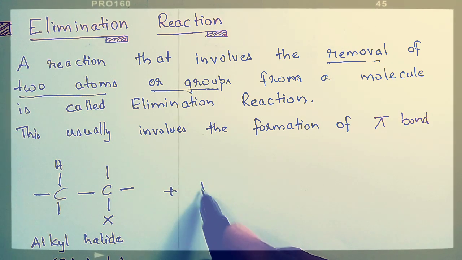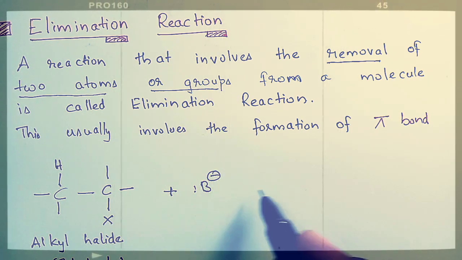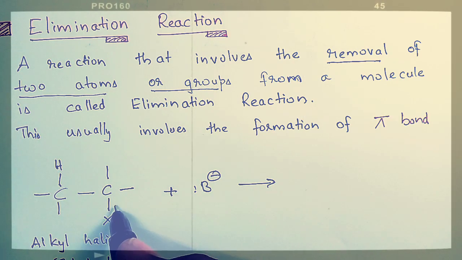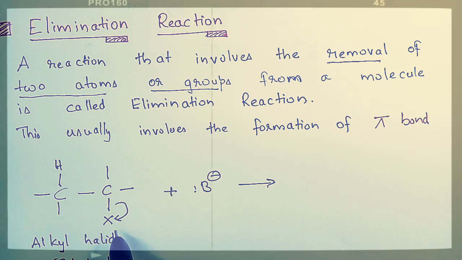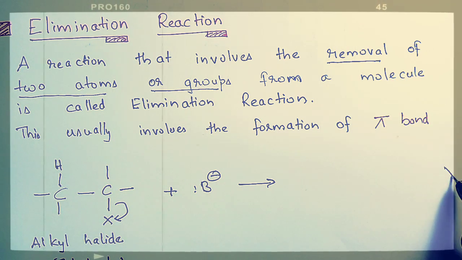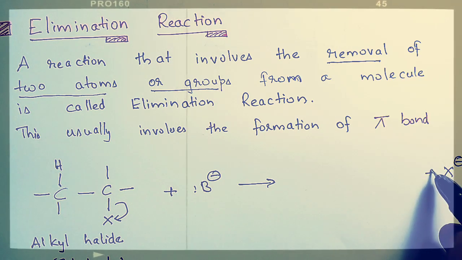It is reacting with the base. In this reaction, the electrons present in this bond move to the halogen and it eliminates in the form of X minus.